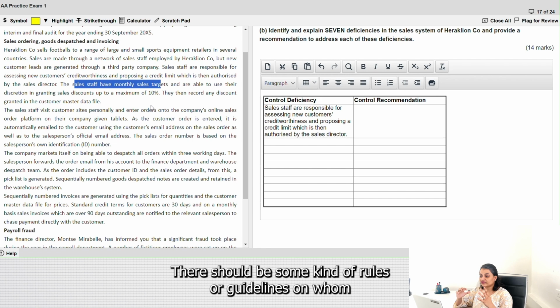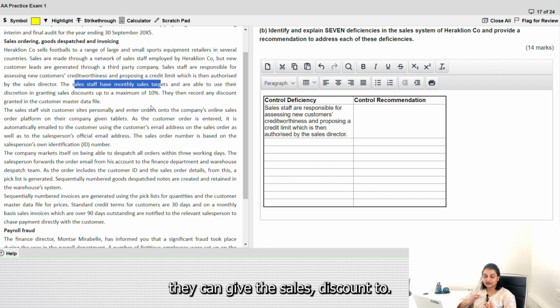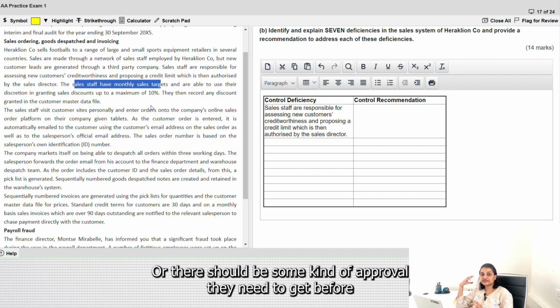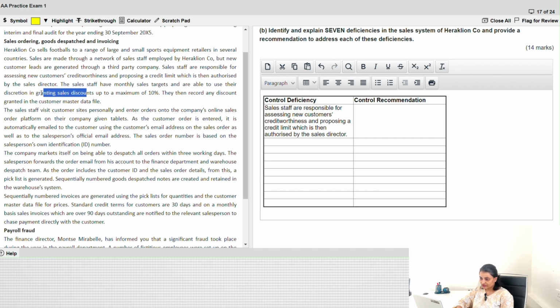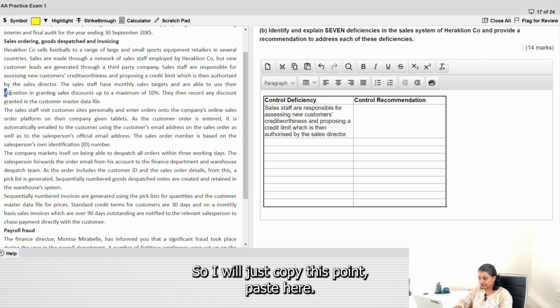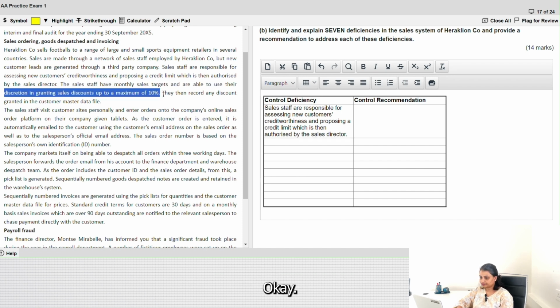There should be some kind of rules or guidelines on whom they can give the sales discount to, or some kind of approval they need to get before granting the discount. So this is a problem. I will just copy this point, paste it here.